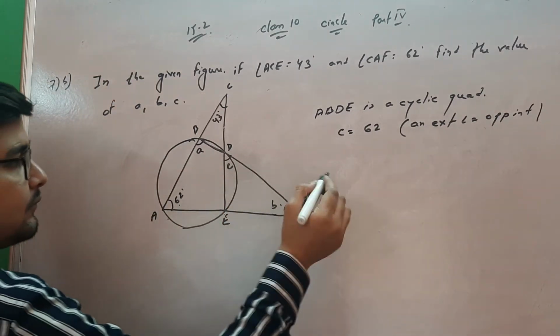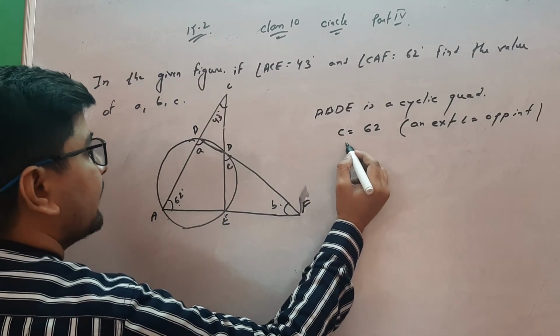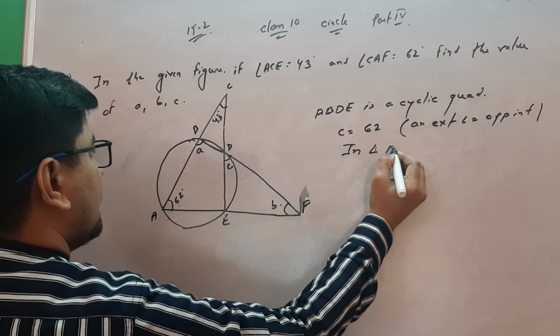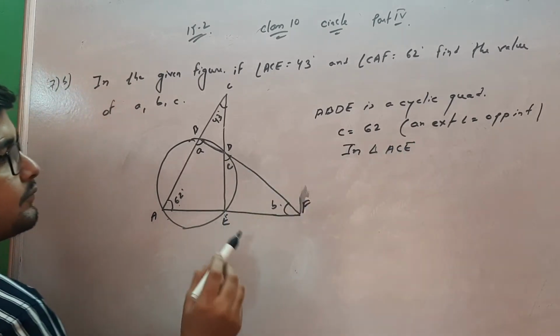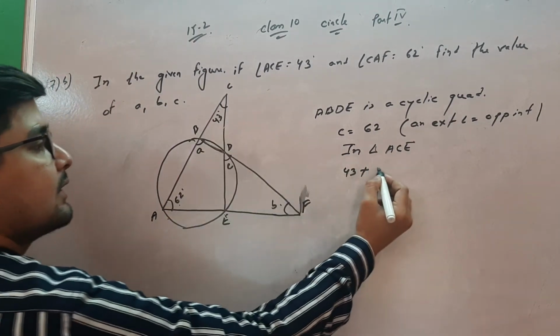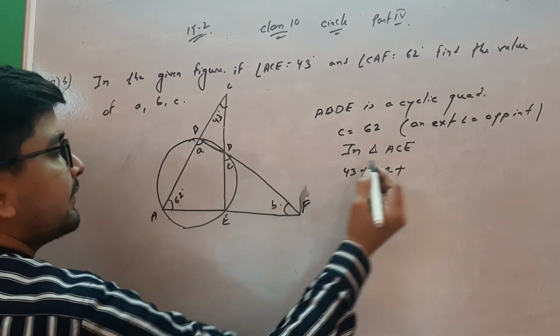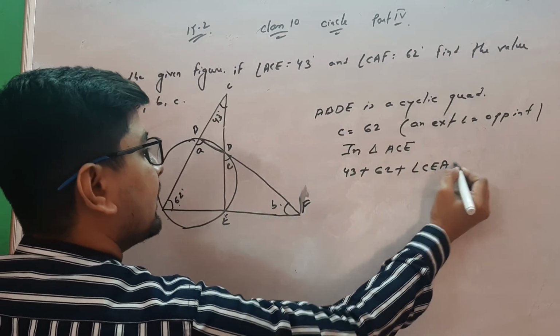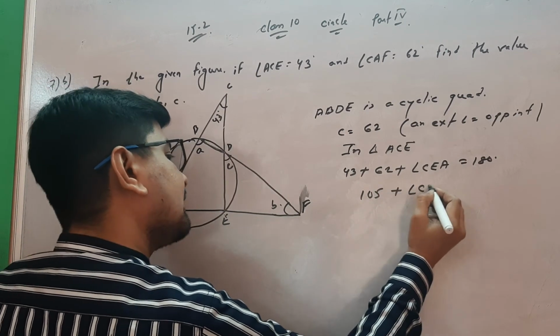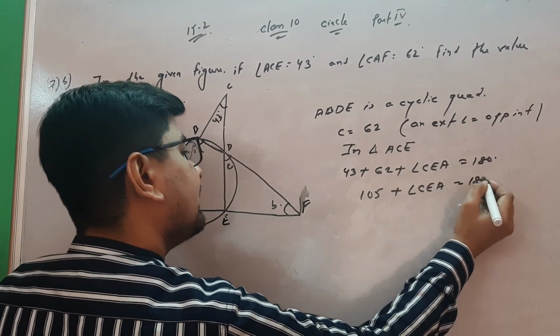Okay, next part. In triangle ACE, one angle is 43, another is 62, and the other one is angle CEA, and the sum equals 180 degrees. So this is 105 plus angle CEA equals 180 degrees.